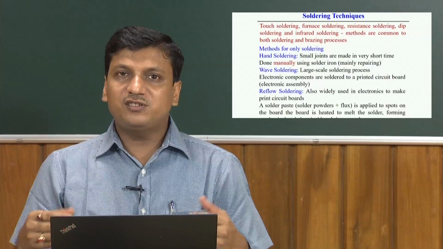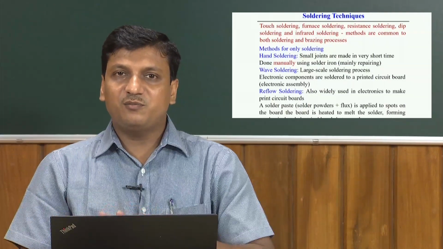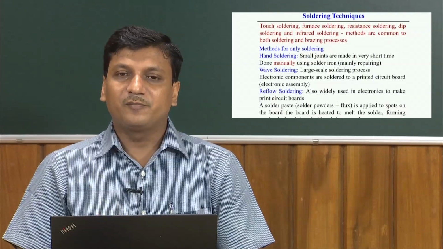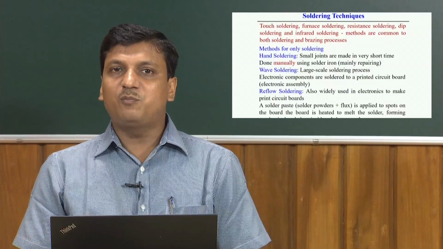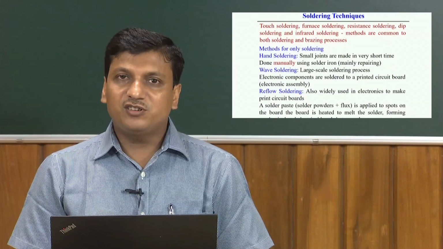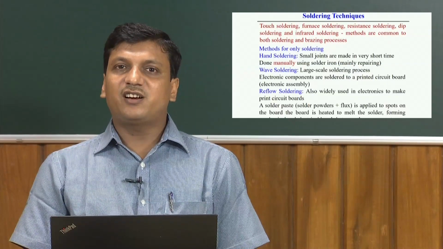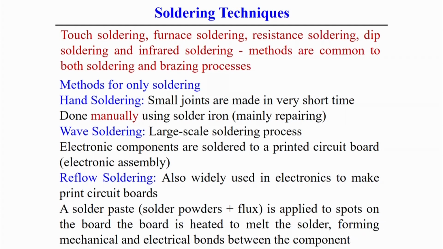Then the board is heated to melt the solder, finally forming the electrical bond as well as the mechanical bond between the two components. So in reflow soldering, not only the electrical connectivity but also the mechanical strength are achieved in a very organized way. In that sense it is different from the wave soldering process.